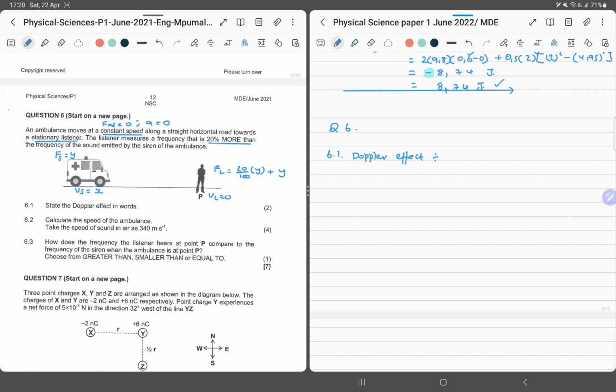The Doppler effect is defined as the apparent change in the emitted frequency by a sound source as observed or detected by a listener.